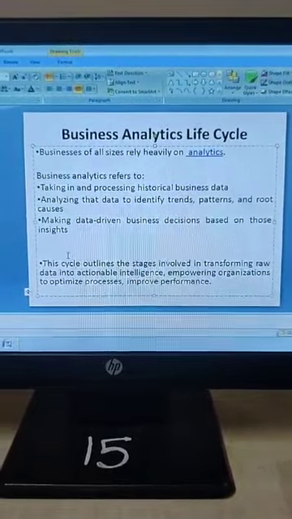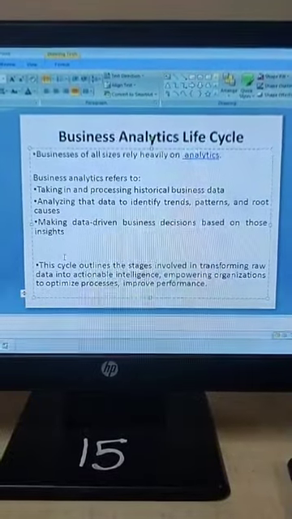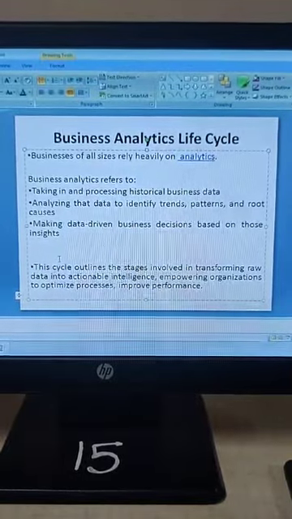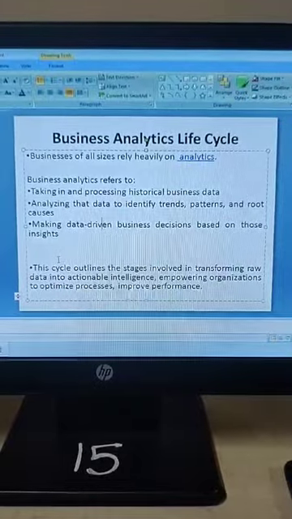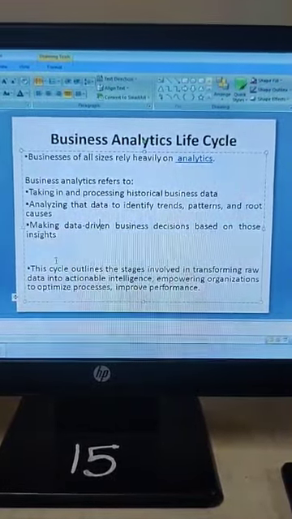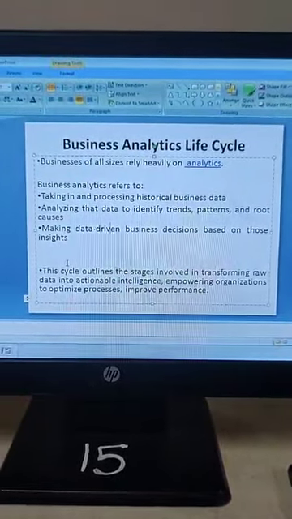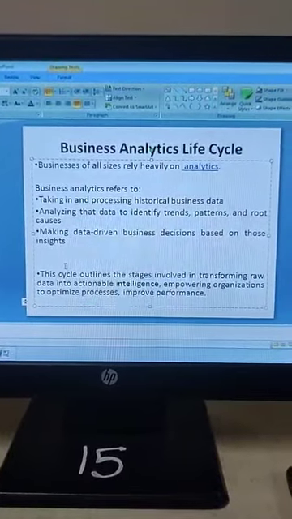So first of all, we need to know what is business analytics. In the real world, you could find numerous definitions on the web for business analytics. This is the actual definition prescribed in your textbook. Business analytics refers to taking in and processing historical business data.